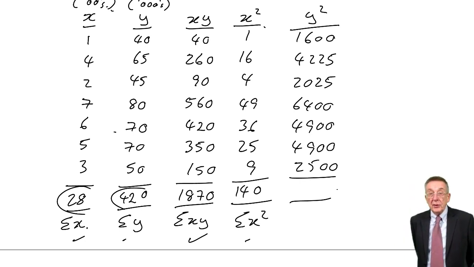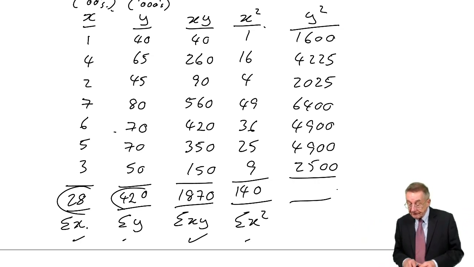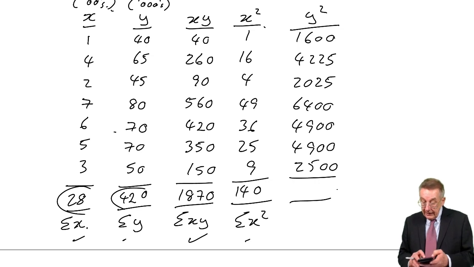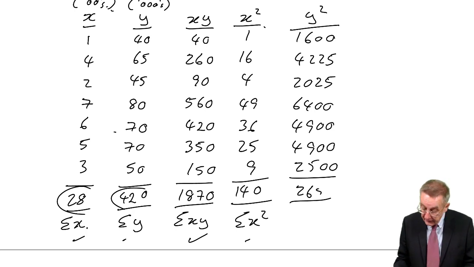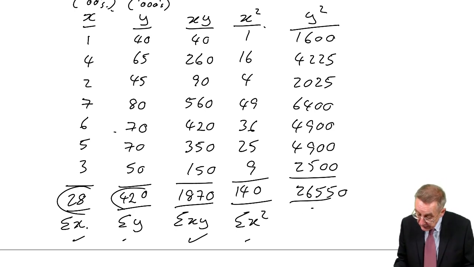To start squaring 40,000, you'd have so many zeros. Anyway, let's add them up. 1600, 4225, 2025, 6400, 4900, 4900, 2500. I get 26,550 as the total of sigma y squared.